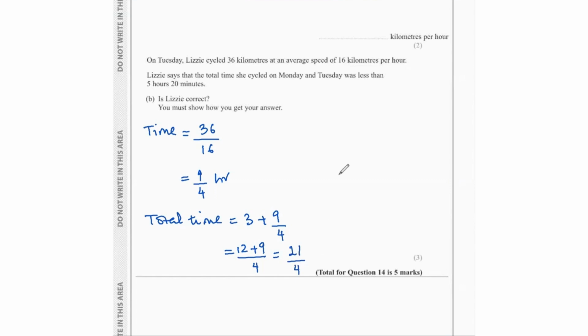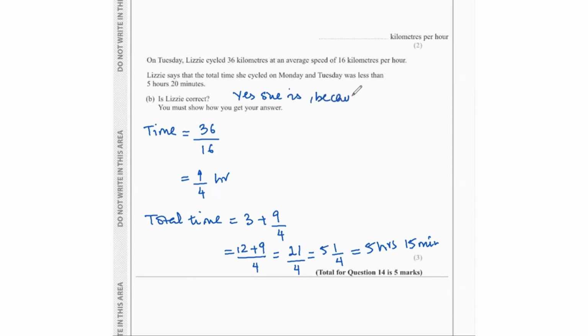So this is still in hours. If we convert this into mixed numbers, that's going to be 5 whole number 1/4. So in hours and minutes that is going to be 5 hours and 15 minutes. So as we can see, that is less than 5 hours and 20 minutes.